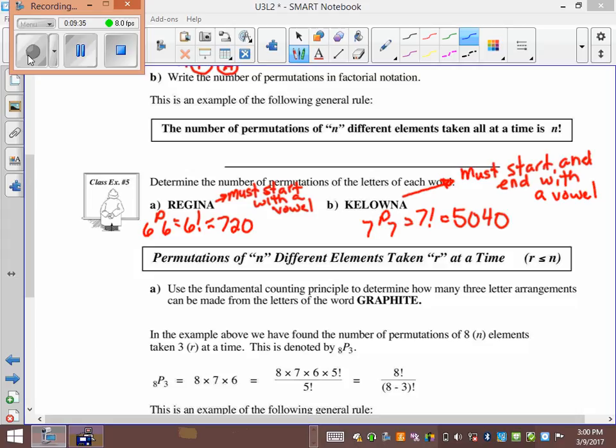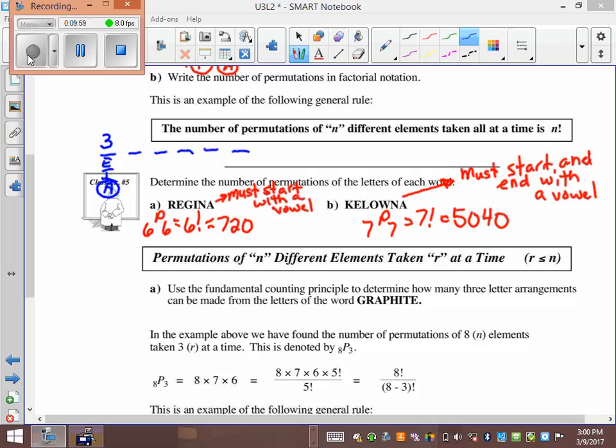Turns out Regina has how many vowels? Half of them are vowels, right? So 1, 2, 3, 4, 5, 6. The moment that it has a restriction, you can't use the P anymore, like just solely by itself, okay? So it has to start with a vowel. So my options are E, I, or A. So I have 3 options.